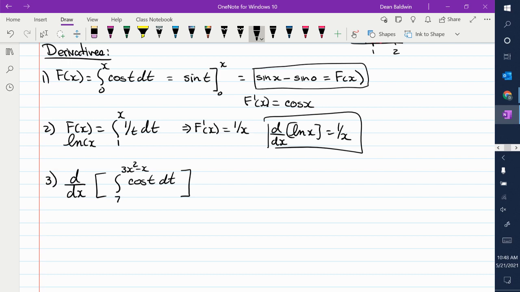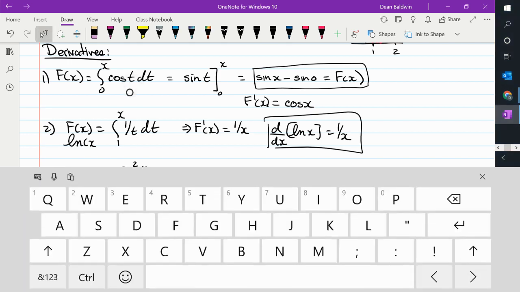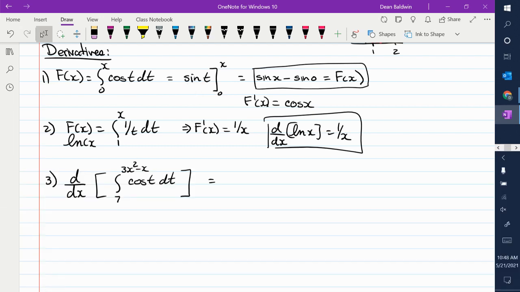So I'm going to show you the long way, and then we'll show you the short way, okay? The long way is this and this are the same. So I know the antiderivative is sine of x, evaluated from 7 to 3x squared minus x.